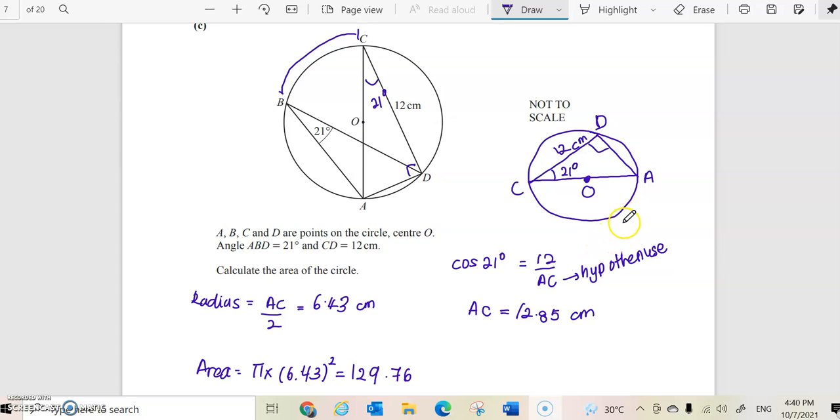So when it is a right angle triangle, you can solve to find the angle or the side using trigonometric ratio.